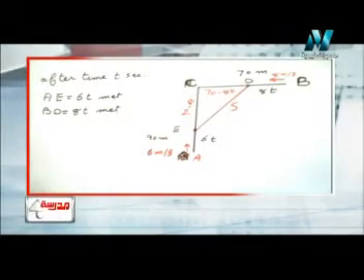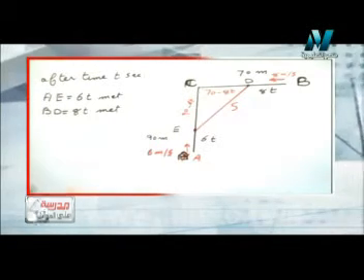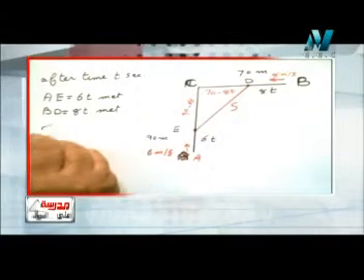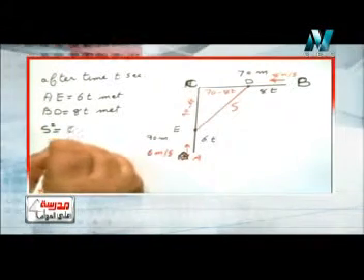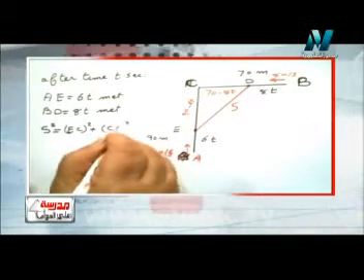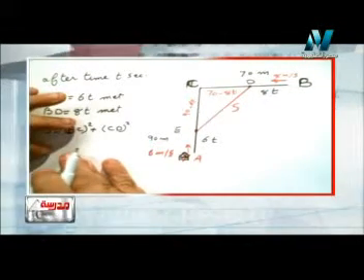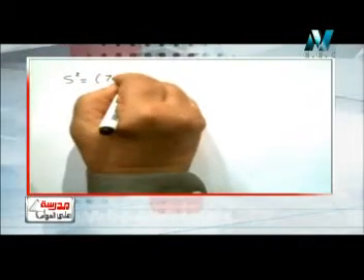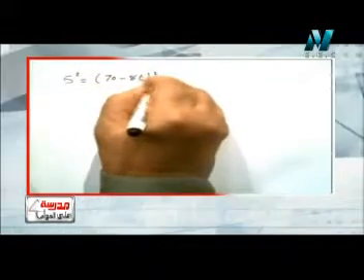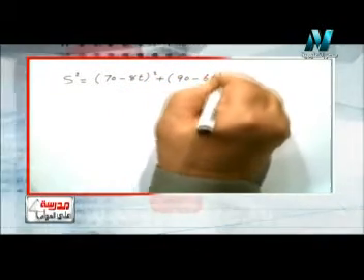What is the relation now between s, CD and EC? By Pythagoras, s squared equals EC squared plus DC squared. Then s squared equals (70 minus 8t) all squared plus (90 minus 6t) all squared.